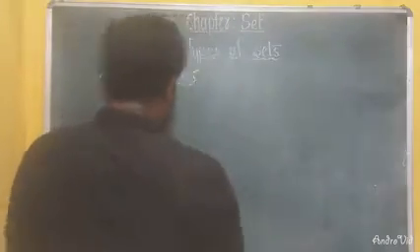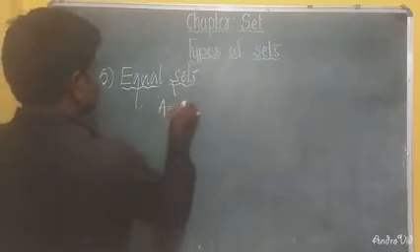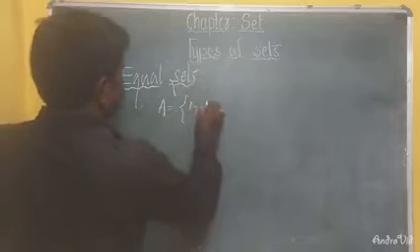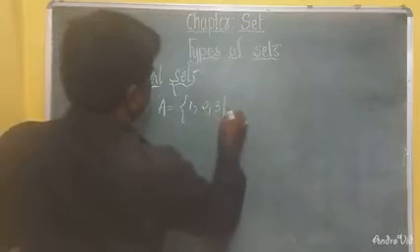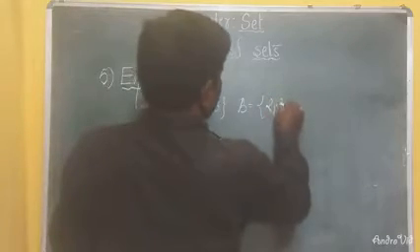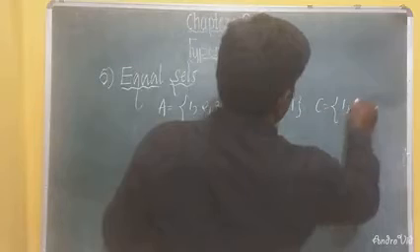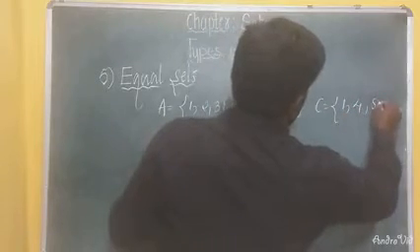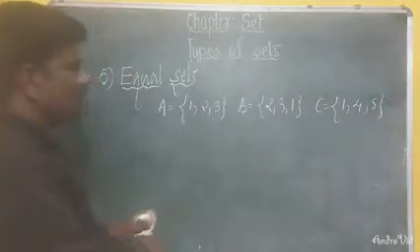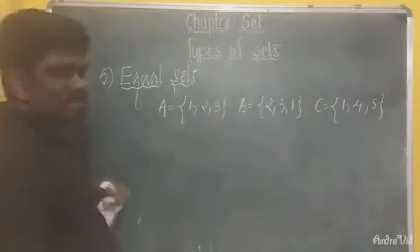See here, I will take set A equals 1, 2, 3. Set B equals 2, 3, 1. Set C equals 1, 4, 5. Now, what is the cardinality of all these three sets?